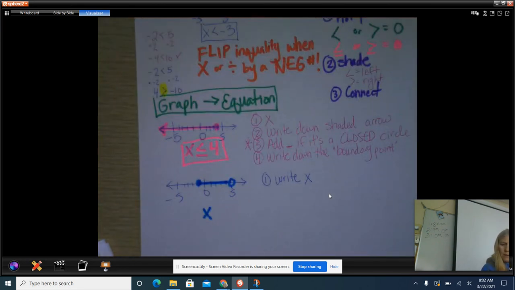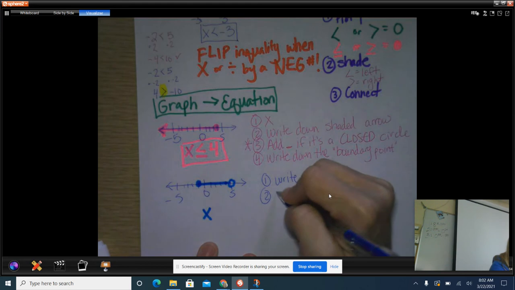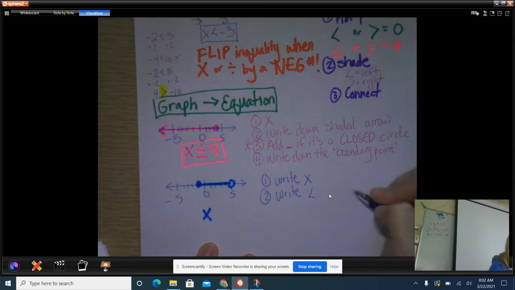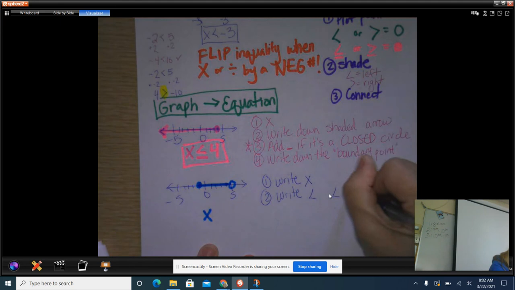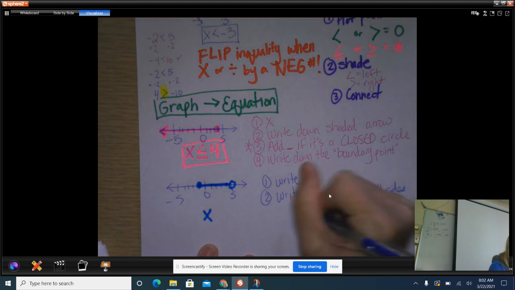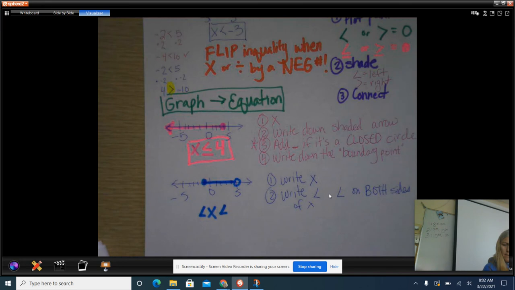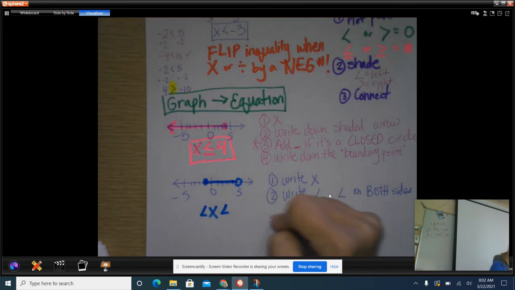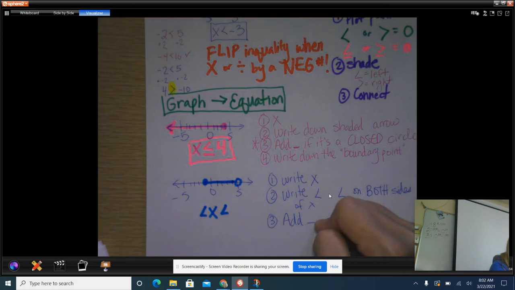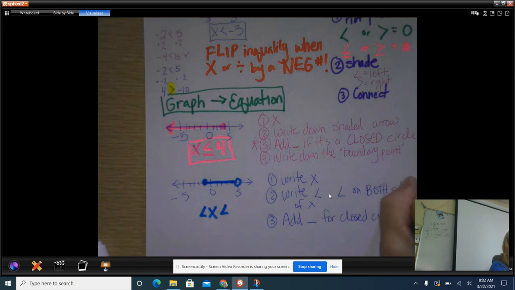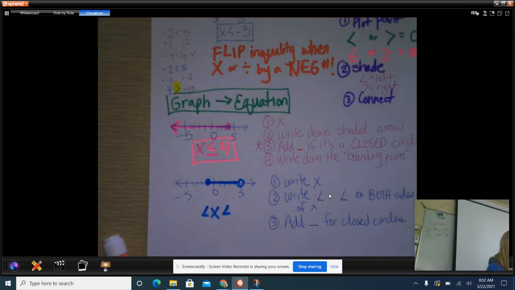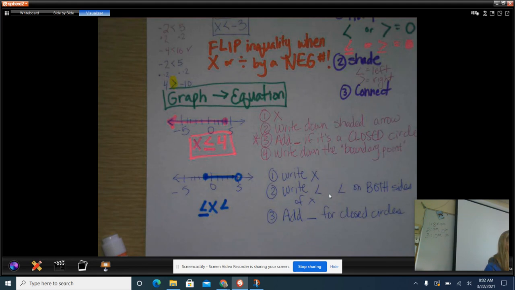Step number 2 is write less than and less than on both sides of x. So we're going to put a less than on that side and a less than on this side. Step number 3, add your equal to for closed circles. And as you can tell, I have a closed circle on the left, so I'm going to make a closed circle on my left. I don't have a closed circle on the right, so I'm going to leave that as is.